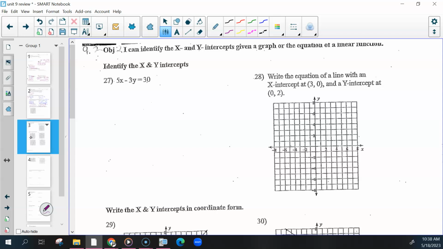So find any that you want to see us go over from your intercepts. We don't have any questions on any of the intercepts problems.